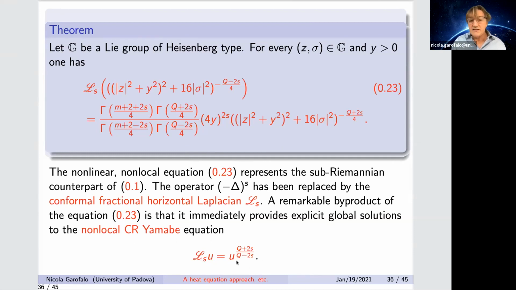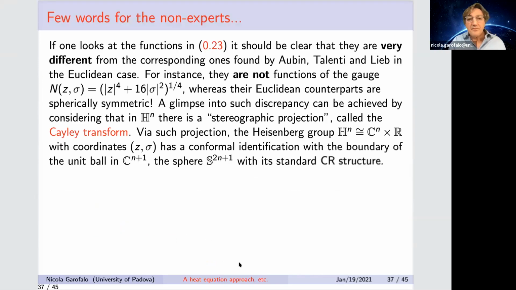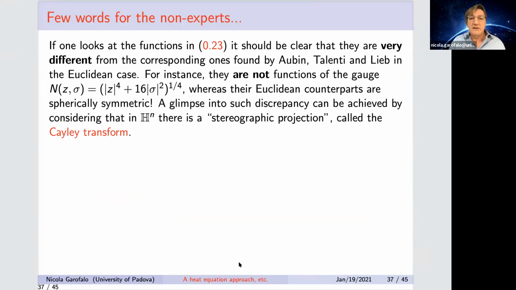This equation has been studied indirectly in the important work of Rupert Frank and Elliott Lieb, which I quoted at the beginning. And it was also studied in the case s equal 1/2 by Jerison and Lee in the early 80s. They have some fundamental work on the CR Yamabe problem.